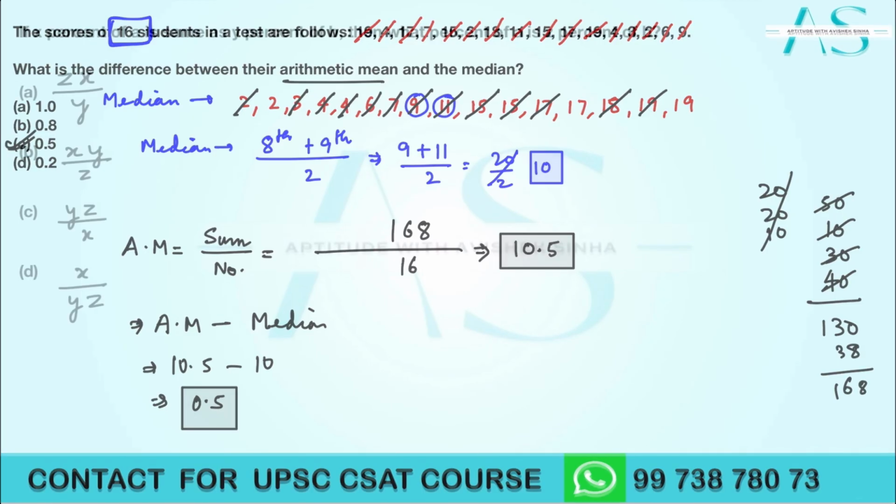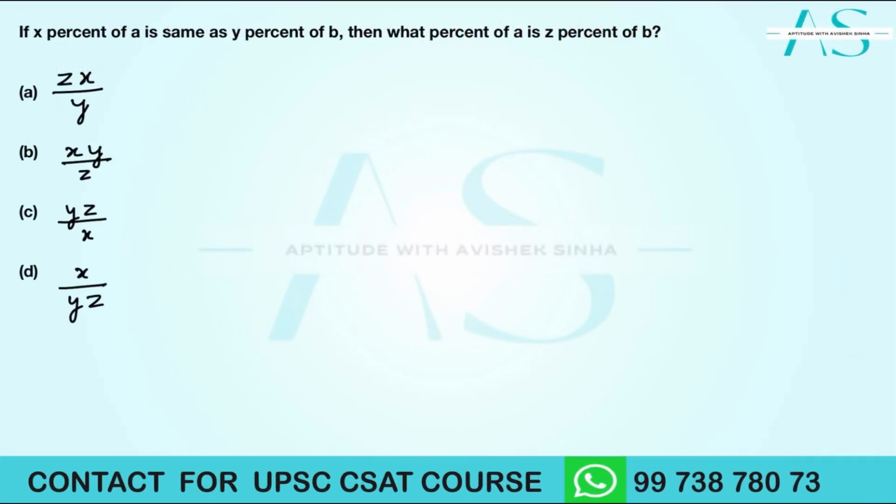I hope this helps. If X% of A is equal to or same as Y% of B, then what percent of A is Z% of B? तो यहाँ पे we are trying to formulate a percentage. So percentage formulation, we go by basics.